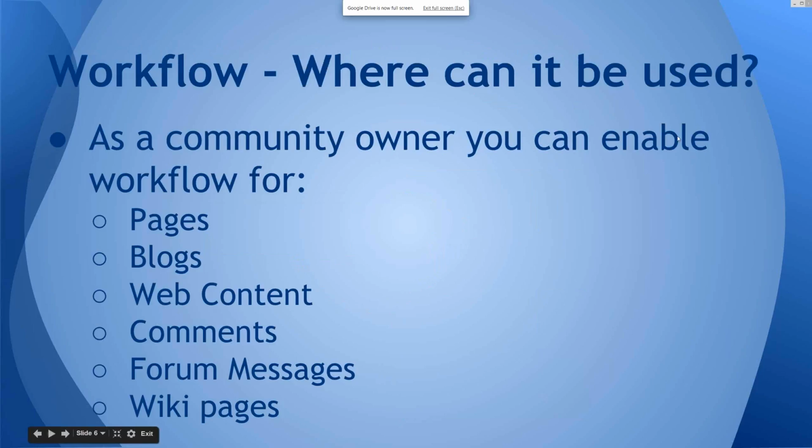So where can you use the workflow? As a community owner, you can enable workflow at the pages level within your community, for blog entries, for web content, comments, forum messages, and wiki pages, and then there are two additional ones that I'll get to on the next page. But what does this mean?